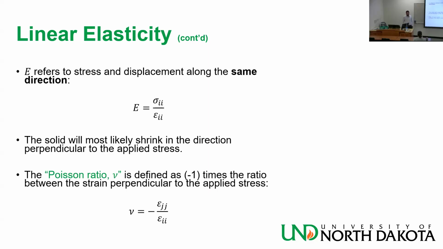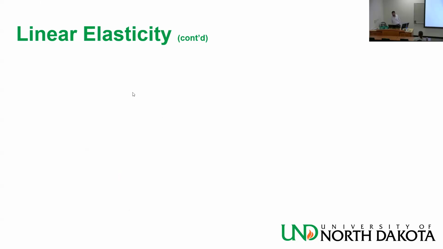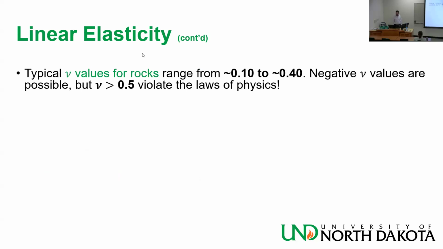What is the unit of Poisson's ratio? Unitless. Right? What is the unit of Young's modulus? It's the unit of stress, the dimensions of pressure. So for rocks, let's just say 0.1 to 0.4 is the average.